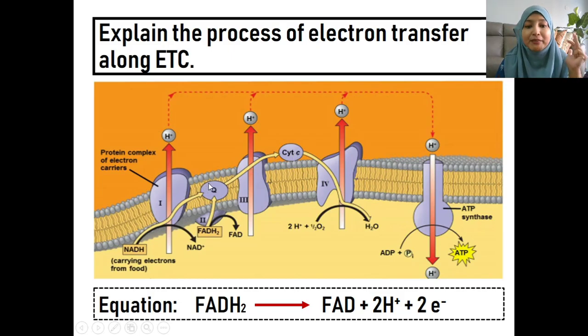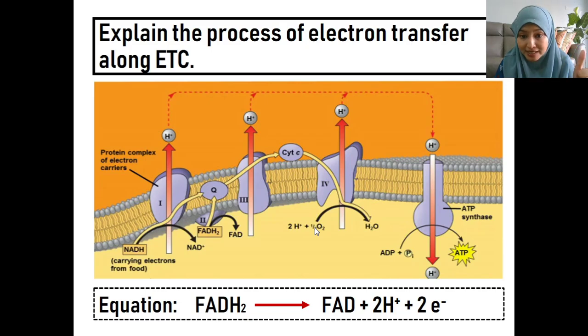Point number 4, series of redox reaction occur along the ETC. Point number 5. Electron that reach cytochrome C oxidase is passed to oxygen that act as last electron acceptor.